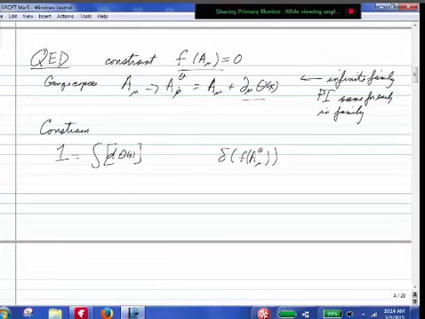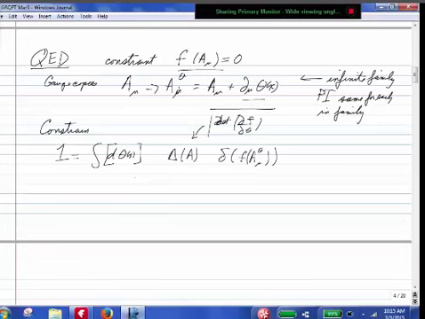So here's our formula. 1 is the integral over all these thetas. This itself is an infinite dimensional integral, so it's like a path integral itself. You integrate over all the possible thetas that you can imagine. You're going to impose this delta of f of A theta. So the constraint is going to be that it's equal to 0.